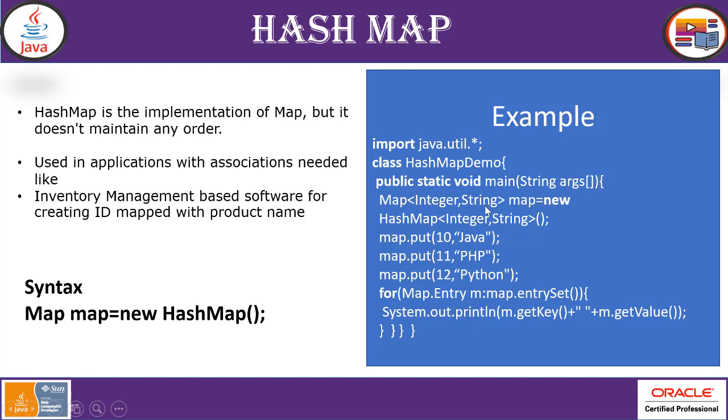The syntax goes: Map a = new HashMap, the class name to make the constructor, and the definition goes in the data types in two forms, keys and values, where keys will be in integer form and the values in string form. Although you can change it, once you define it, it will be like this. Then you have the map's put method, where we pass the arguments, the object definition.